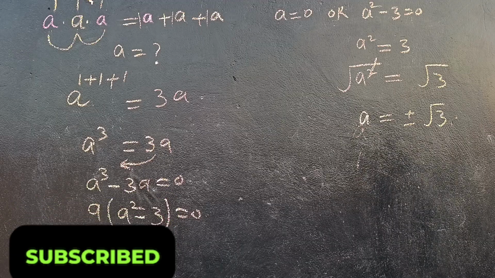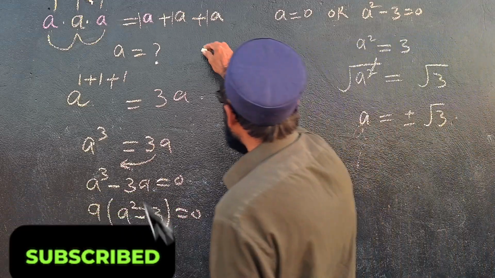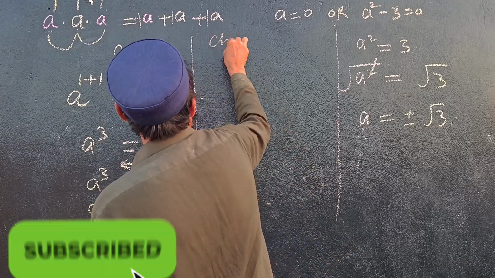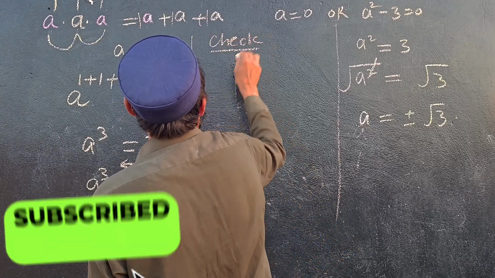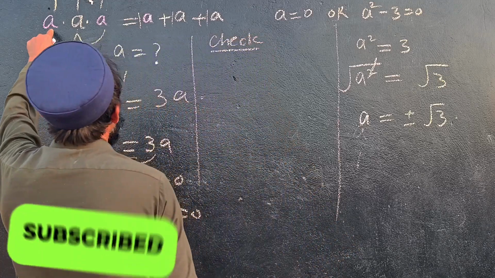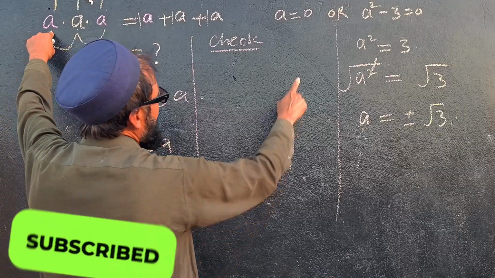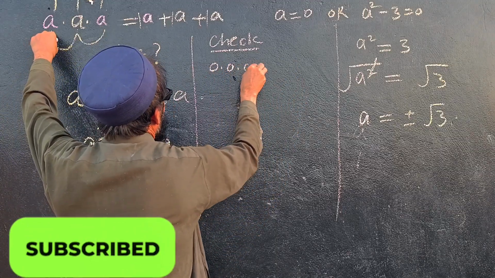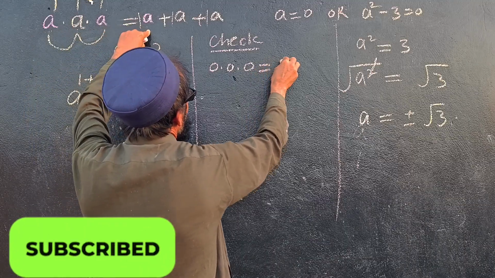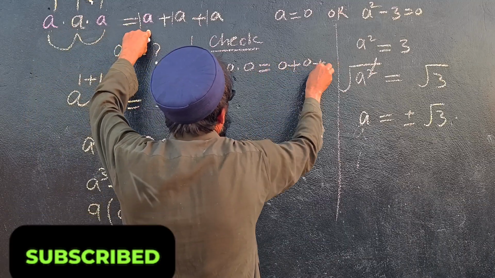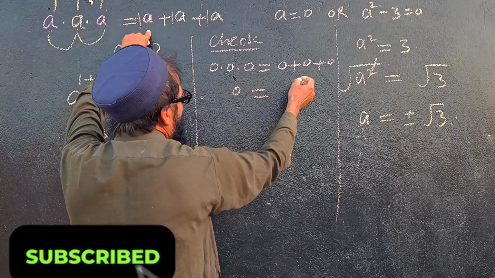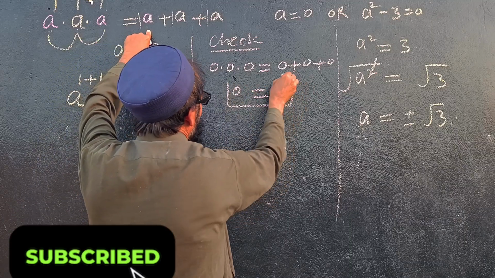If we want to verify this result, we check each term. In place of a, we put the first result, a is equal to 0: 0 · 0 · 0 is equal to 0 + 0 + 0. So 3 times we multiply 0 and 3 times we add, so the result is 0.